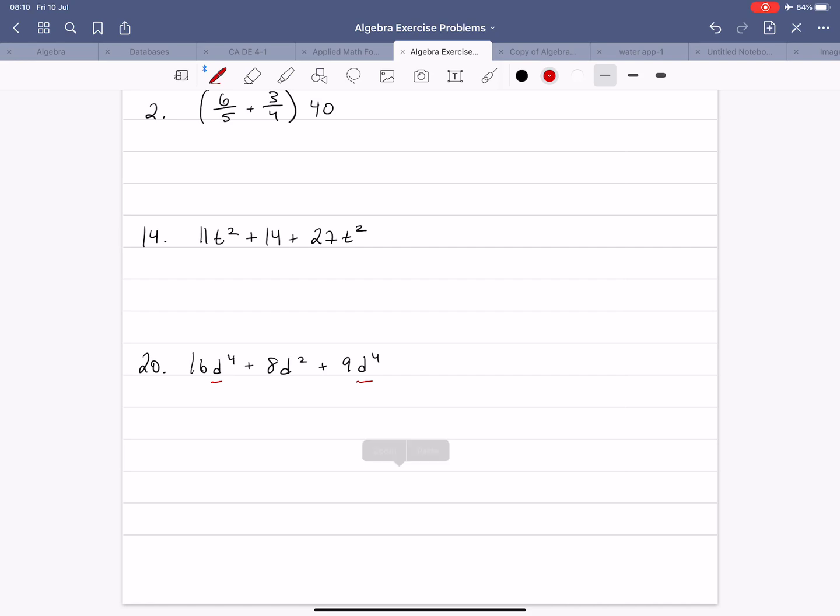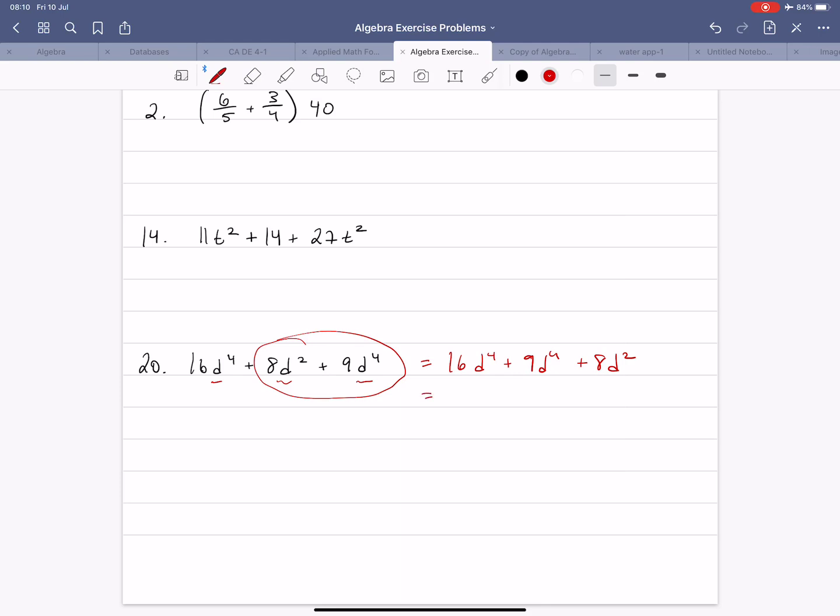It has 2d to the fourths, and it has 1d squared, which cannot be combined with those. So this is going to be the same as 16d to the fourth plus 9d to the fourth plus 8d squared, where I just applied the commutative property on these two terms.